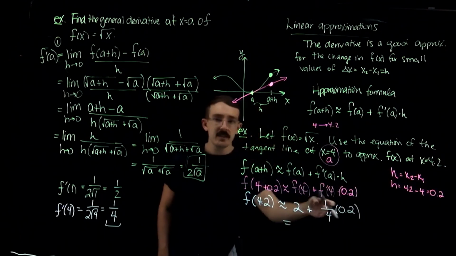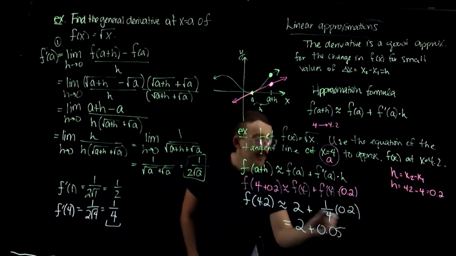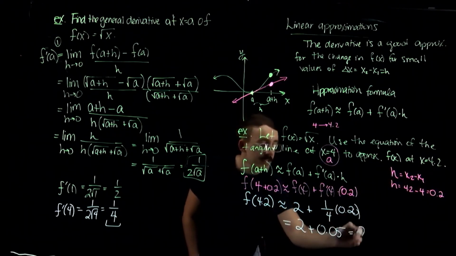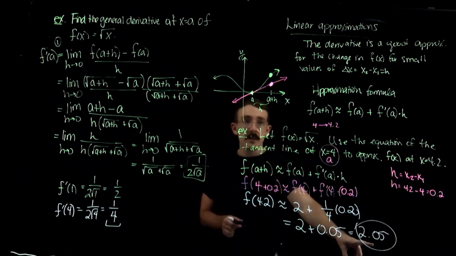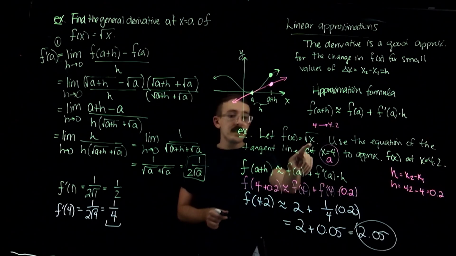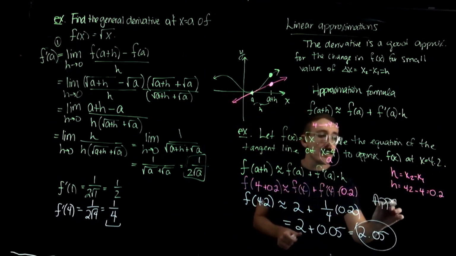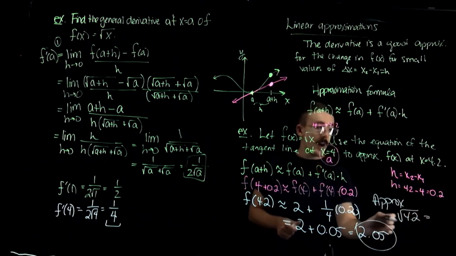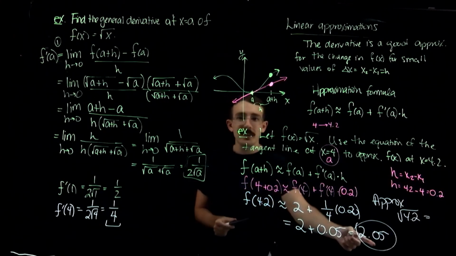Now this expression over here is equal to 2 plus 0.05. I just took 1/4 of 0.20. And then this is 2.05. So this is an approximation for what radical 4.2 is actually equal to. This is probably an underestimate.